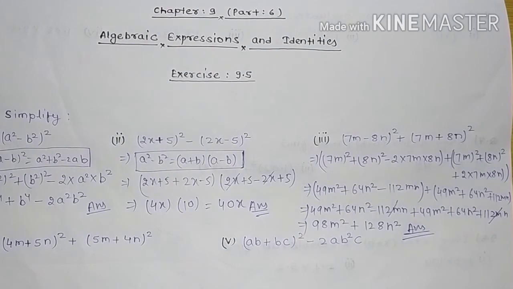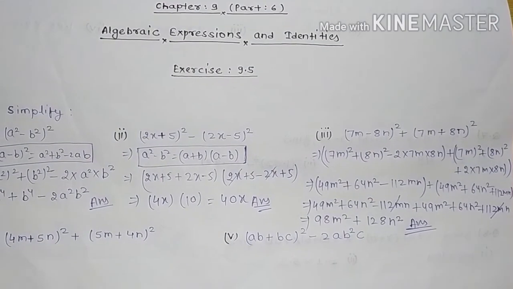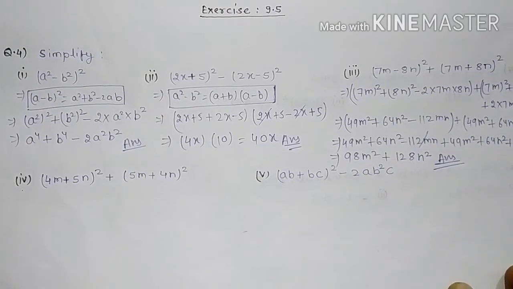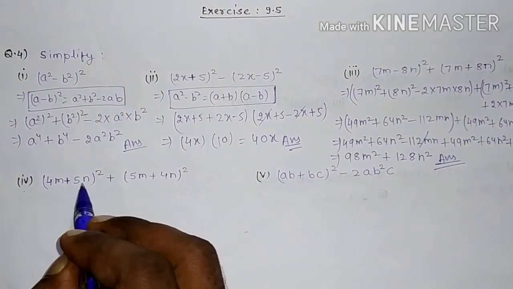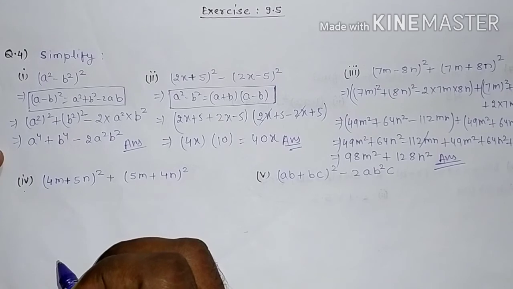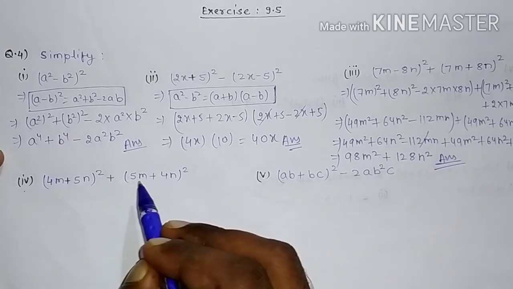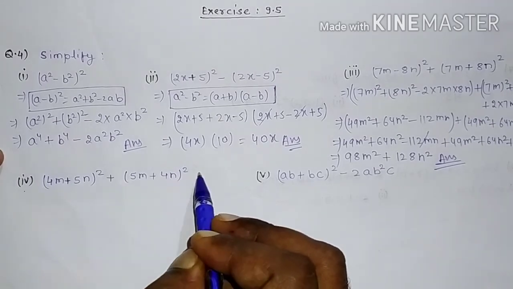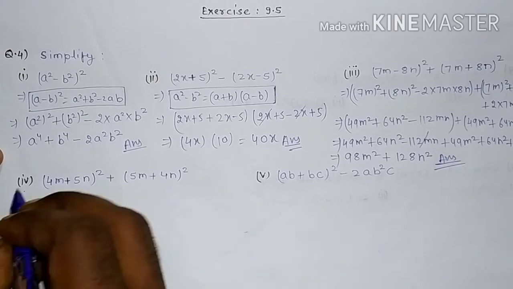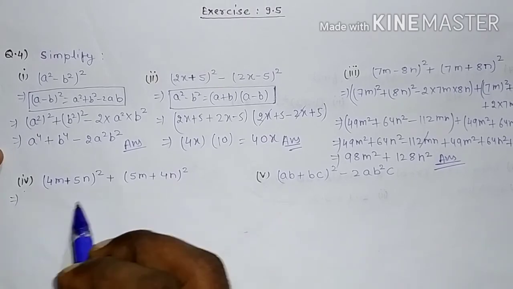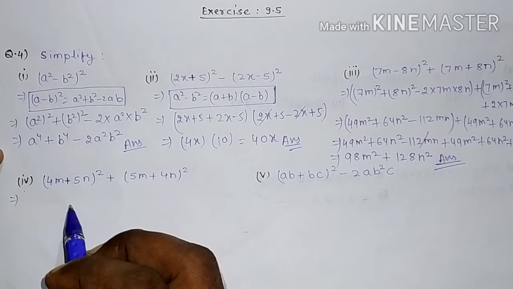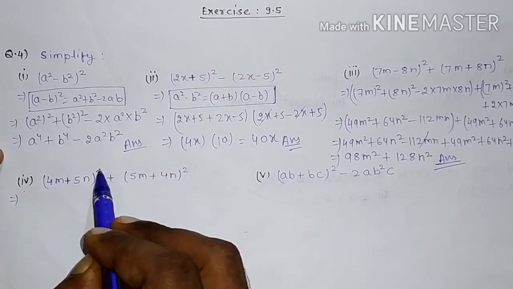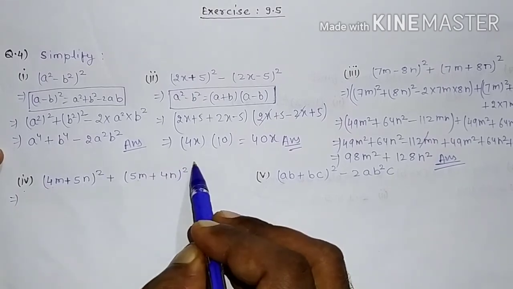Now the next question is question number 4. (4m plus 5n) to the whole square plus (5m plus 4n) to the whole square. Again, the same process you have to do. A plus b whole square and a plus b whole square.